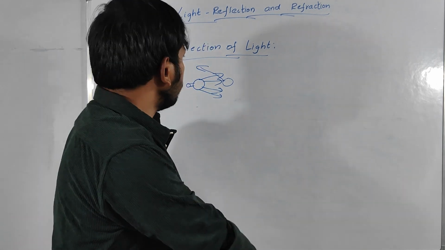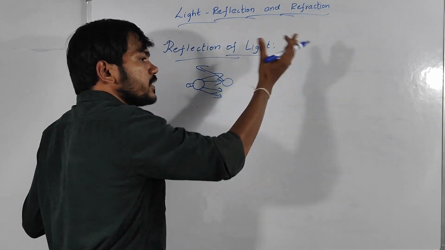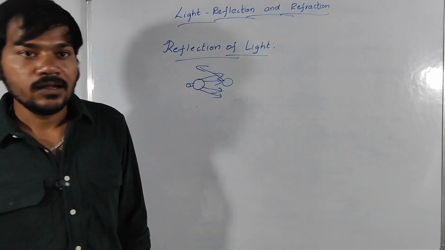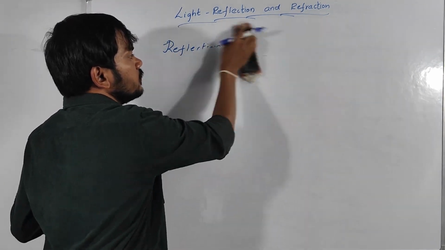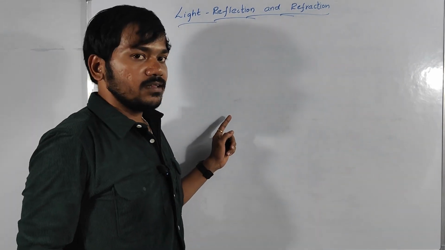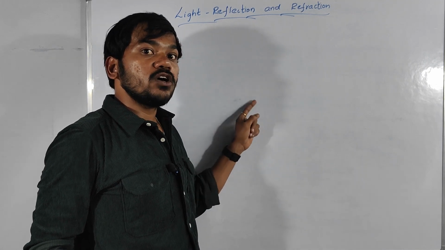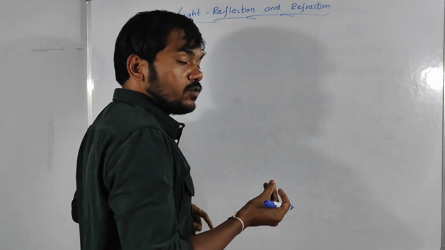Now in order to study the reflection of light or even the refraction of light, we should have some basic knowledge on what the light rays are. Say for example, if we consider a source, some light rays are coming from the source, and some light rays are bouncing back from the object. So we have to study what those light rays are.